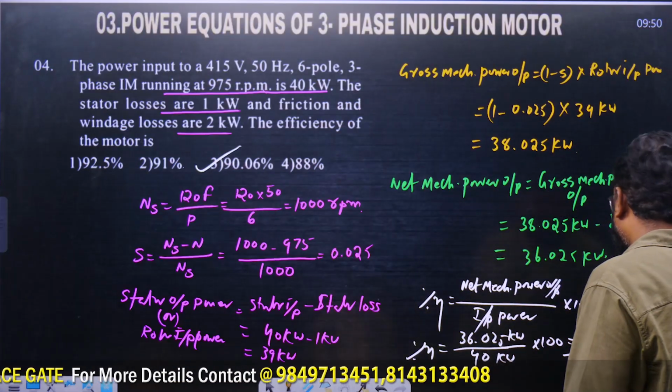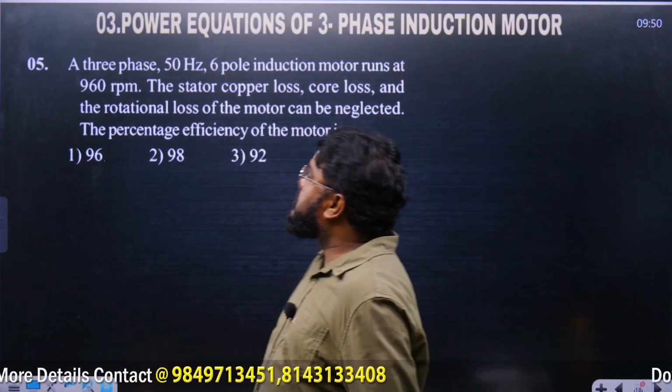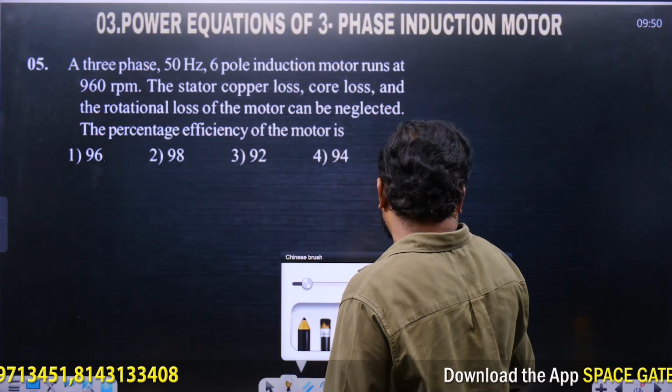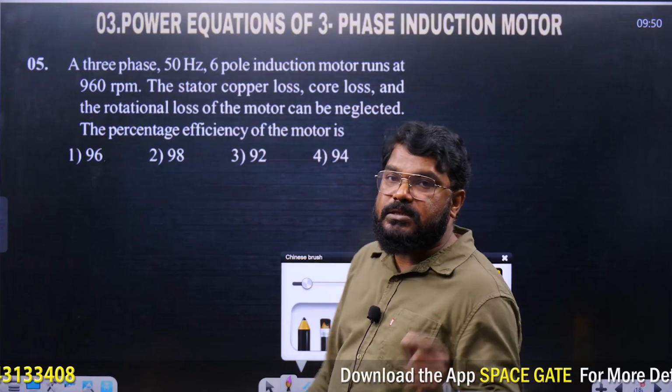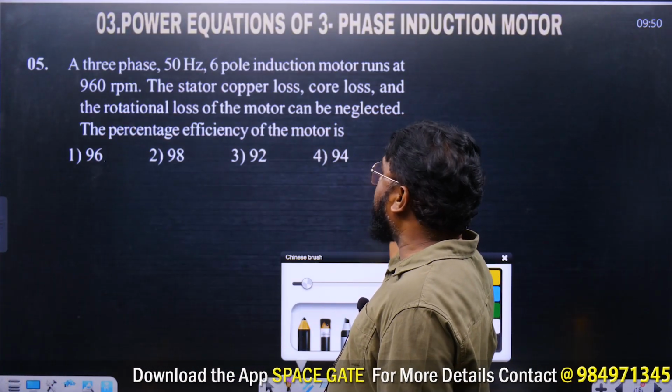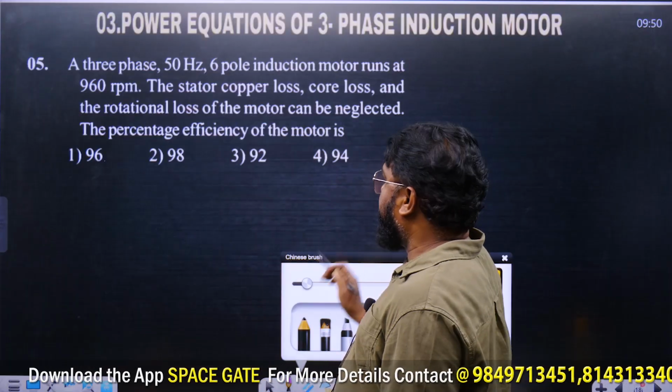The next possible question from this concept is the fifth one. A 3-phase 50 Hz 6-pole induction motor runs at 960 rpm. Stator losses, stator core losses and rotational losses are neglected.